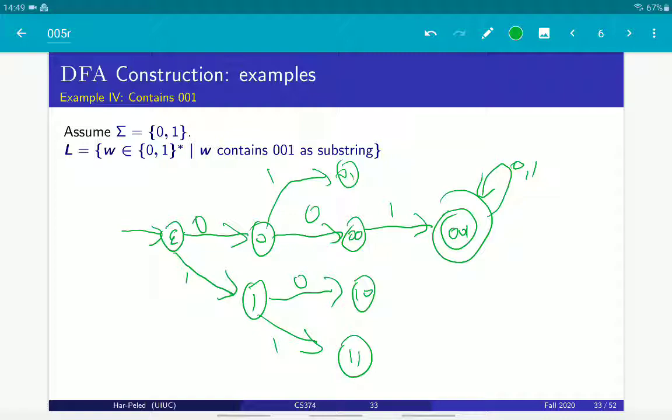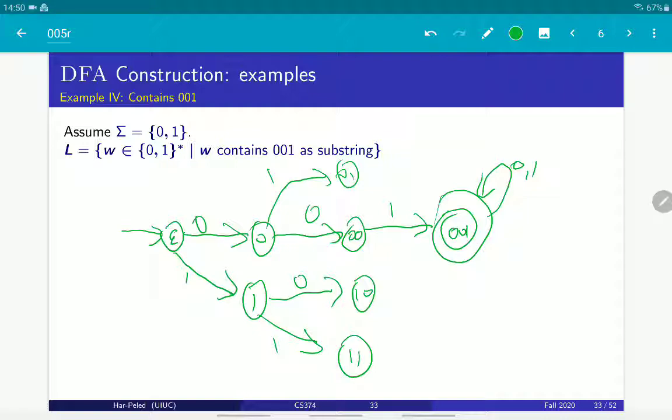So the important observation is that we really need to remember only the last 2 letters. As long as we didn't get to the accepting state, in this case it's heaven, because we go there and we stay in the good place. So as long as we are not in the good place, all we need to remember is the last 2 letters of the input.